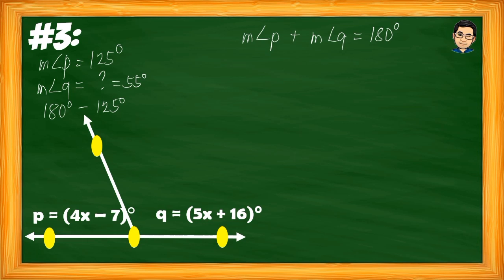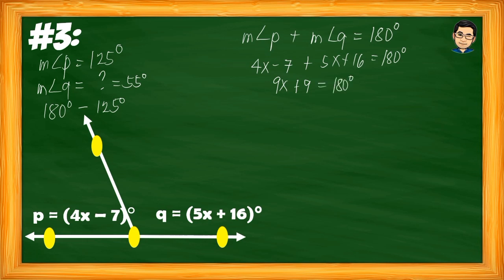So, substitute natin ngayon dito sa P, 4x minus 7. Sa Q naman, 5x plus 16 is equal to 180 degrees. Now, 4x plus 5x is 9x. And then negative 7 plus 16, that is 9.